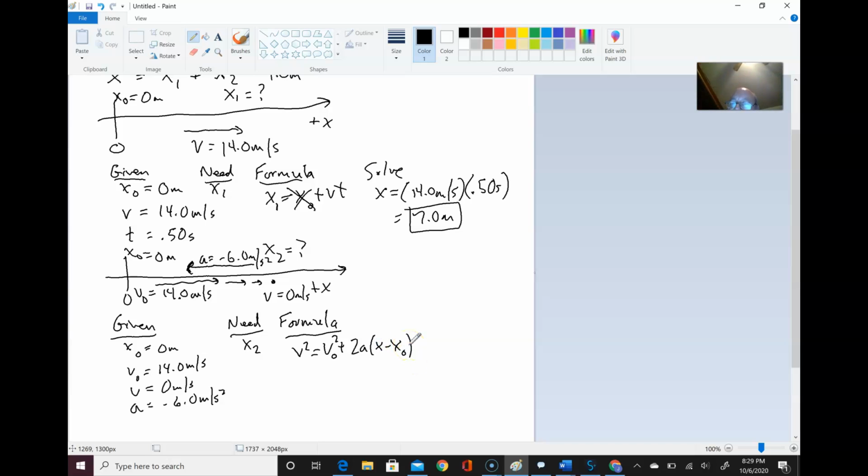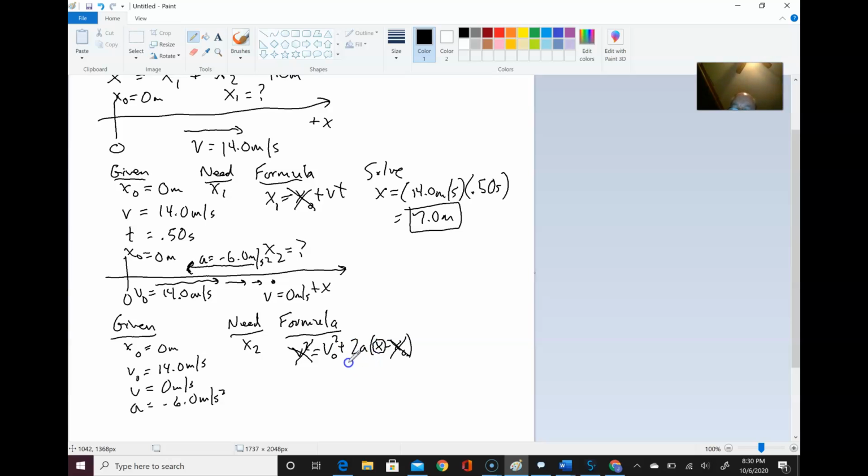Okay, so there's nothing in this that I've had to really think about. I just follow this pattern here, and now I'm going to make sure that I cross out everything that's going to drop out of this formula. I know that my final velocity is 0, so 0 squared will be 0. That drops out. I know that my initial position is 0. That drops out. And I'm going to circle x because x is what I want to find.